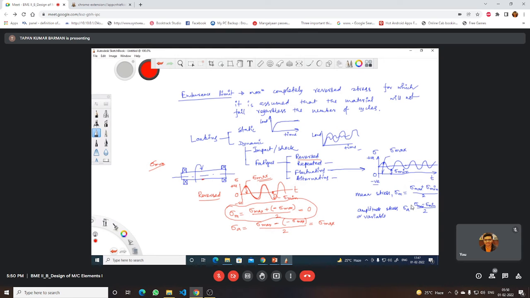But here maximum completely reversed stress is the stress for which it is assumed that the material would not fail regardless of the number of cycles. So these materials will experience this type of reverse loading and that stress will be reverse stress. Now what is repeated?